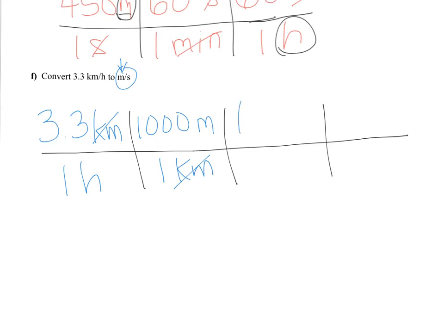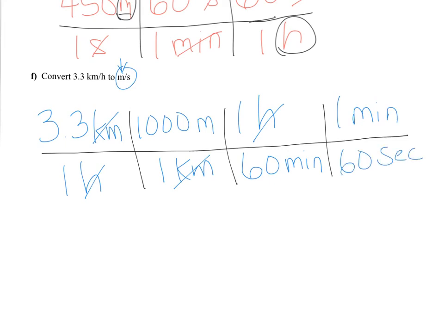So I'll say 1 hour has 60 minutes. So I can cancel my hours. And I'll say 1 minute has 60 seconds. And I can cancel my minutes. So now you just do the math. You multiply across the top, divided by everything on the bottom.